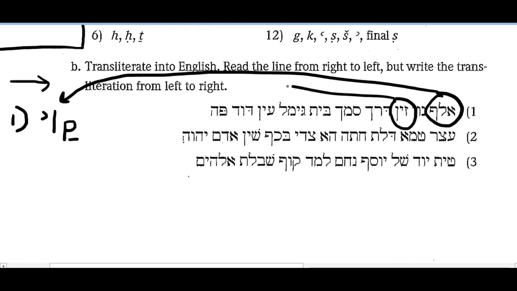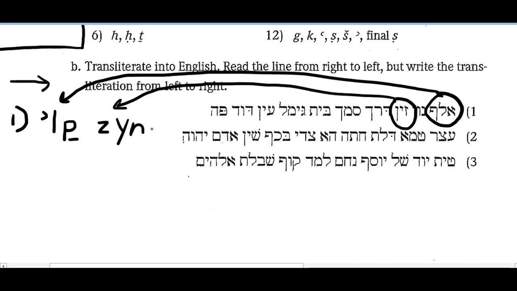My next word will have to be the next English word here. So Zion. Zion's the first Hebrew letter. Z must be the first English letter. Yod, and then noon.